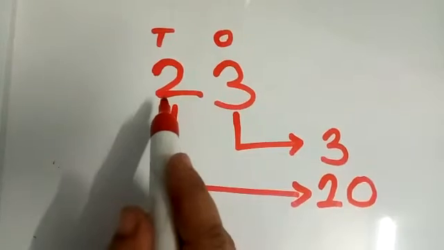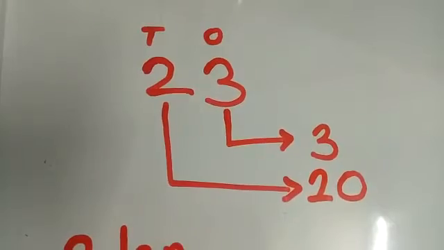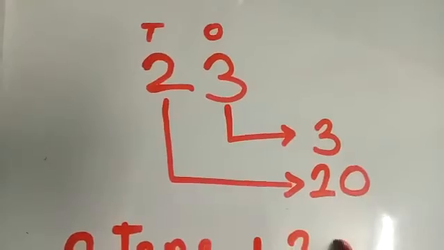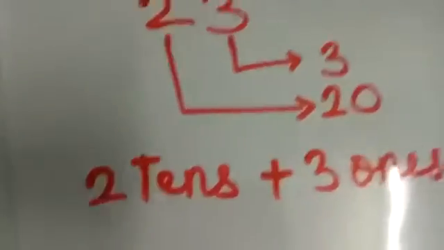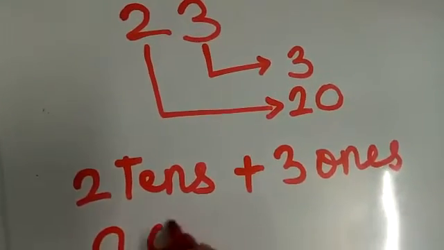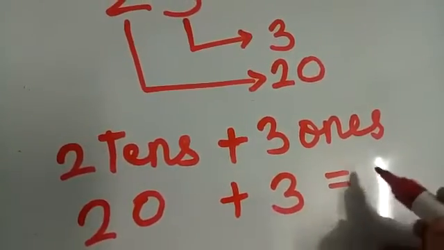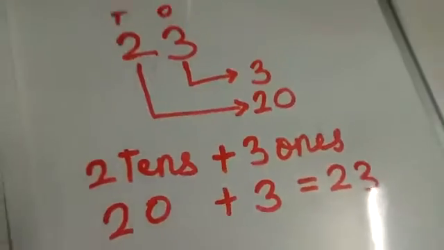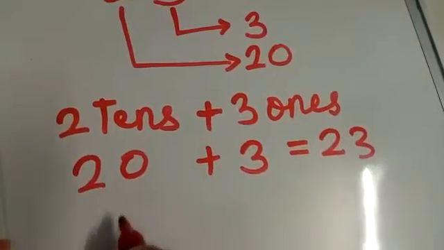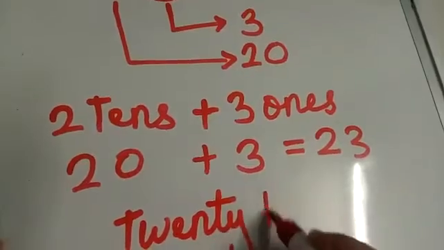So what is the expanded form? 2 tens plus 3 ones. So 2 tens means 20 plus 3. 20 plus 3 is equal to 23. Come on, let's write the number name. So 20 first, write 23.